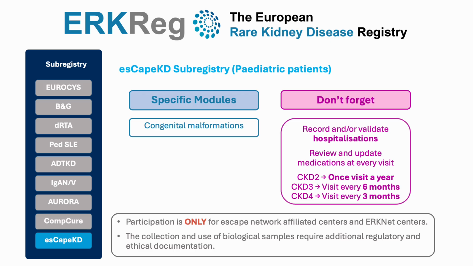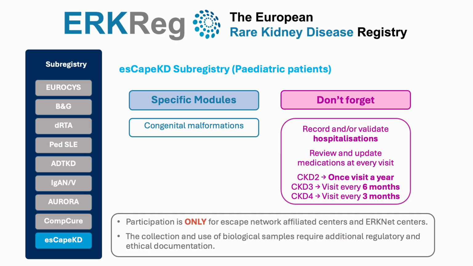One of its specific components is the collection of detailed information on congenital malformations outside the kidney, including cardiac, neurological, ocular, skeletal, gastrointestinal, and other organ involvement.